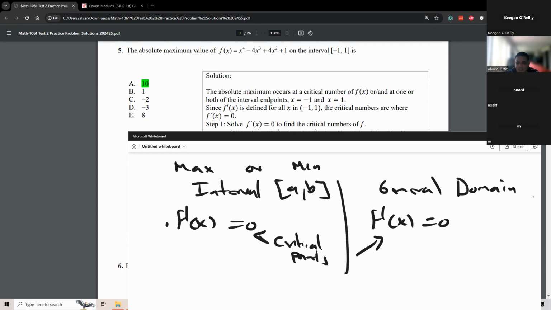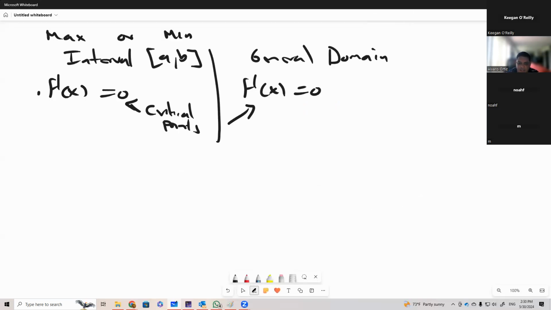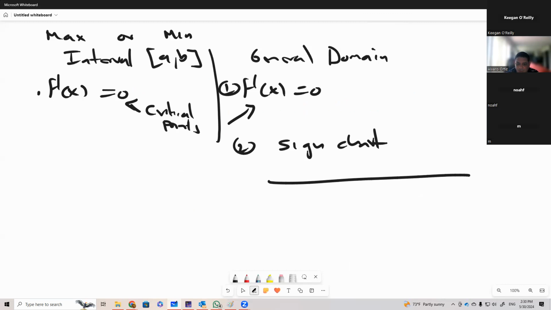But then what happens is that in the general domain, you do a sign chart. This is step 1. And then step 2, you do a sign chart to check where the maximums and minimums are. So for example, you have c, d as the critical points. Then you start checking how the function derivative behaves around these points. And so you start picking some numbers here.